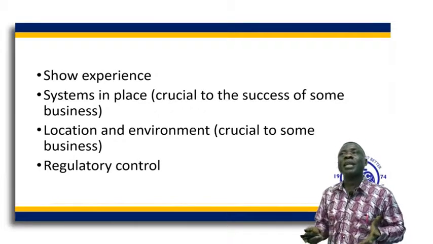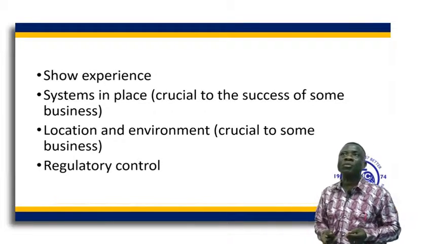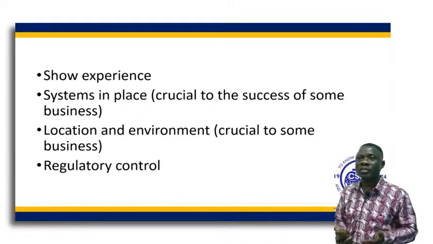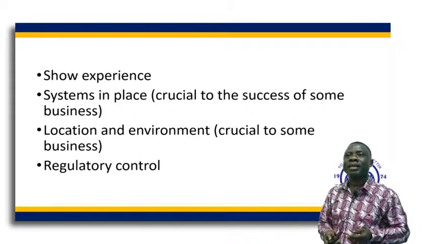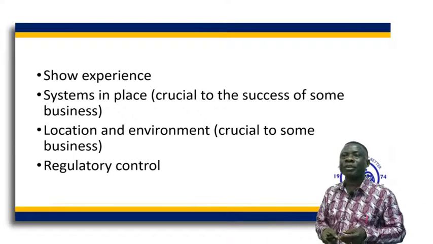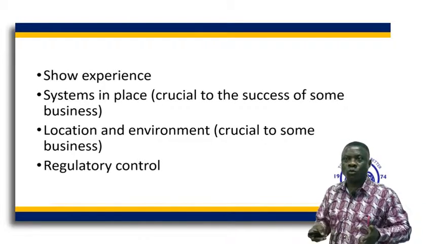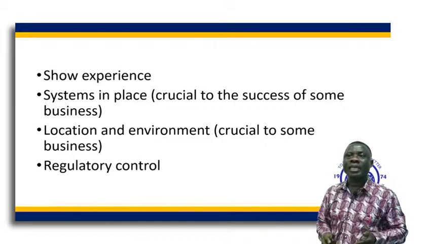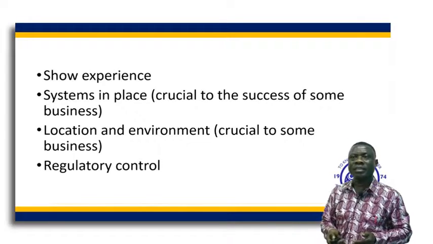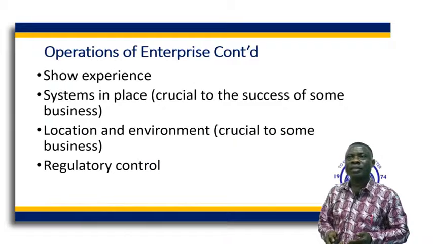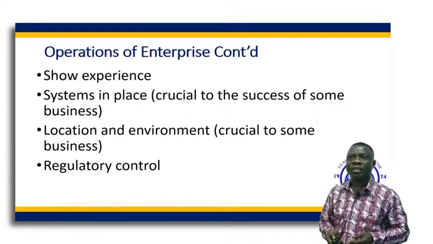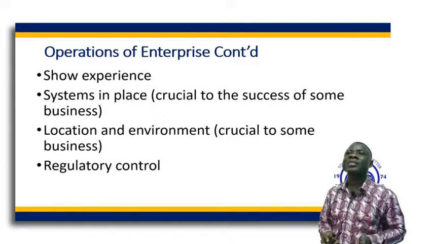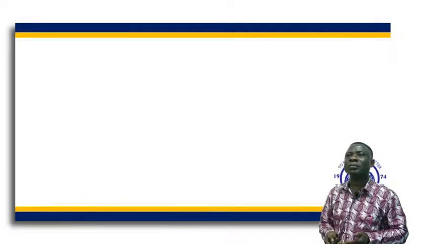And here a typical example is the running of microfinance. For most nations, you should be under a regulatory body. So you go and find out what are the ABCs needed before you can continue in that area. So the operations plan should factor in all this in your business plan.